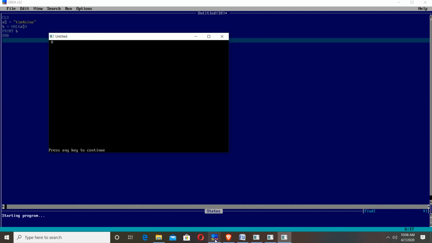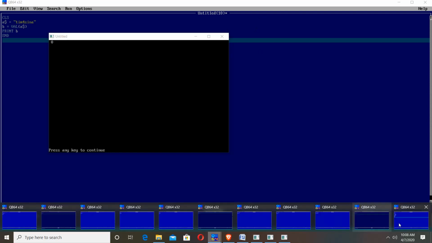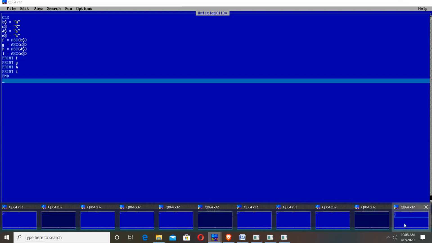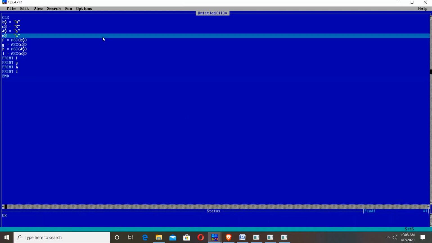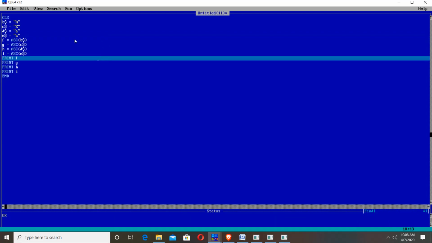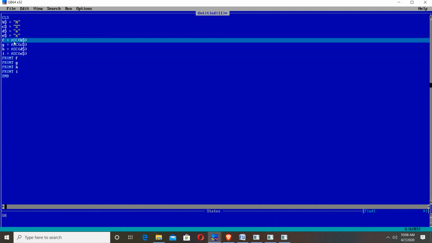Now the next function which is used is what? ASC function. Now what is the use of the ASC function? The ASC function is used to convert the given character into ASCII value.